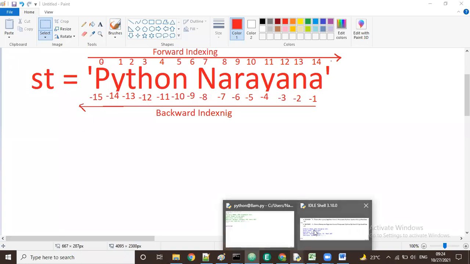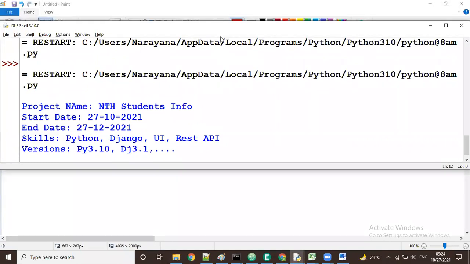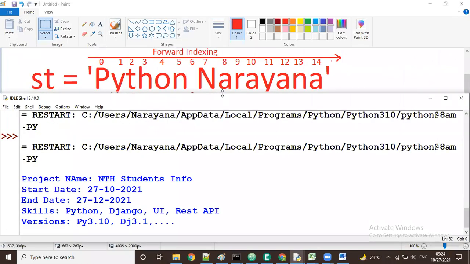I think only the IDE is there. So all of you observe, I just take the same example.